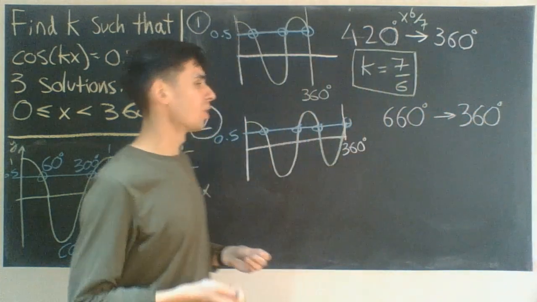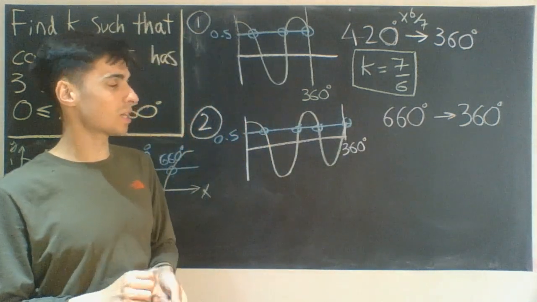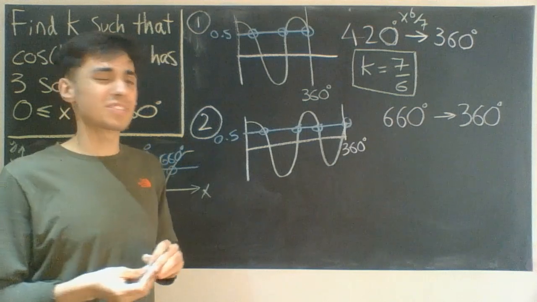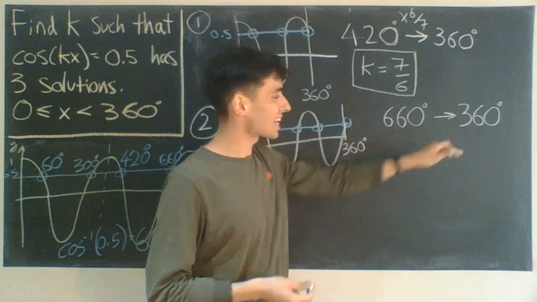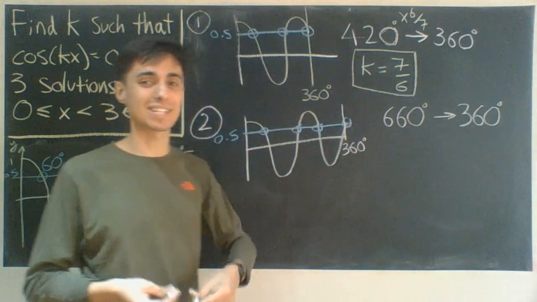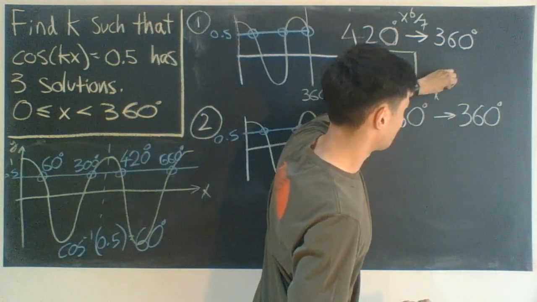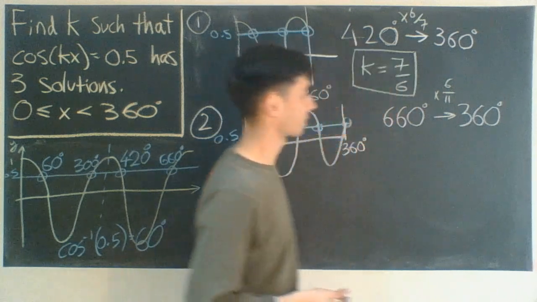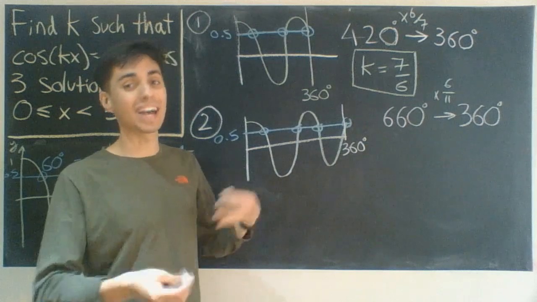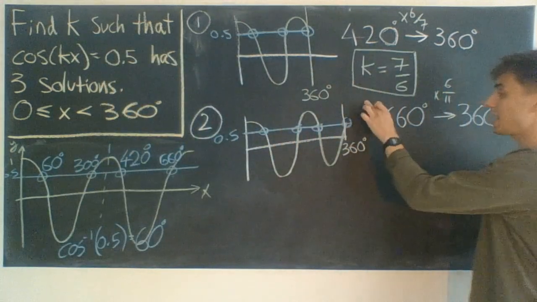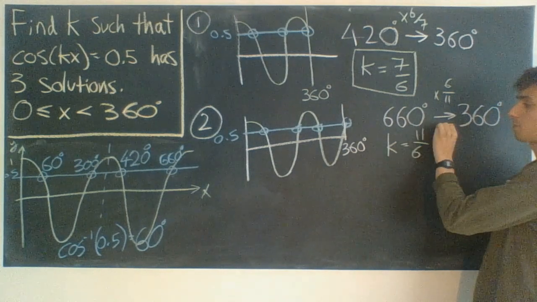So again, we're thinking, what number have we multiplied 660 by to get 360? Well, they've both got a factor of 60, so it should be 6/11. Right, because 60 times 6 would be 360, 60 times 11 would be 660. So we've multiplied this by 6/11. And what that tells us, thinking about that compression, is that our k, again it must be inverted, for this would equal 11/6.